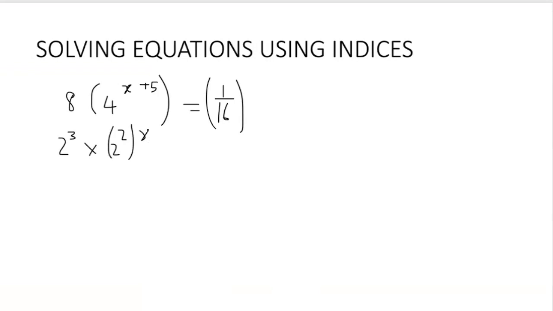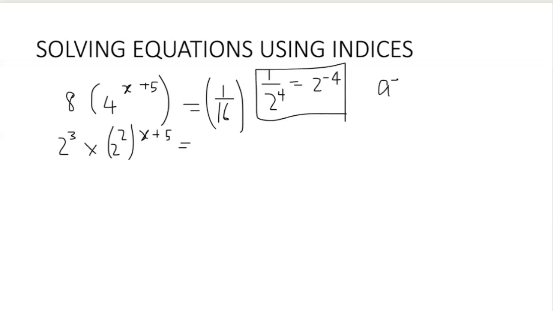Then I have my x plus 5. And then for 16, we know that 1 over 16 is 1 over 2 to the 4th. And then we rewrite this as 2 to the negative 4 based on the rule that I showed you previously, which is a to the minus n is equal to 1 over a to the n.